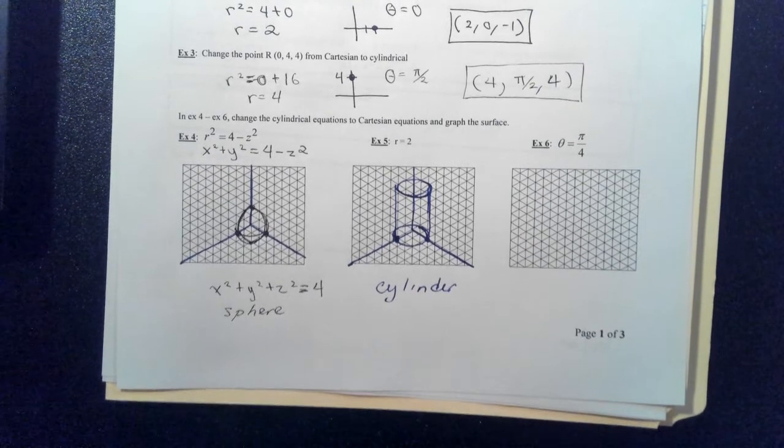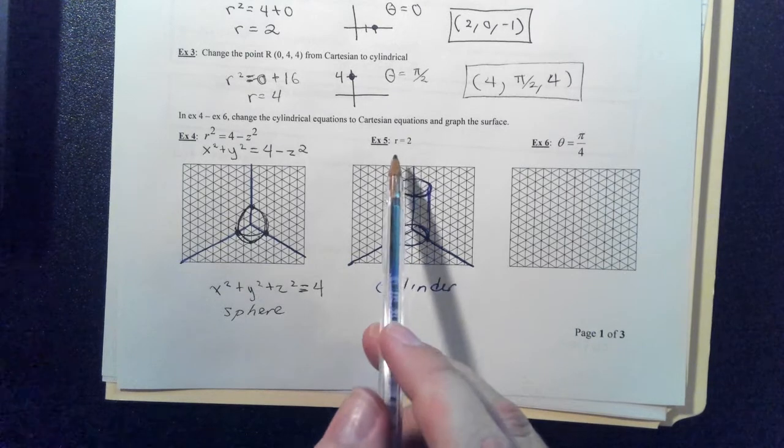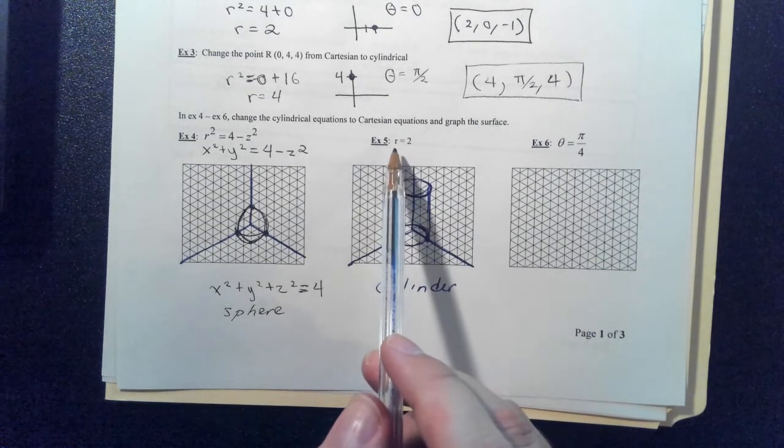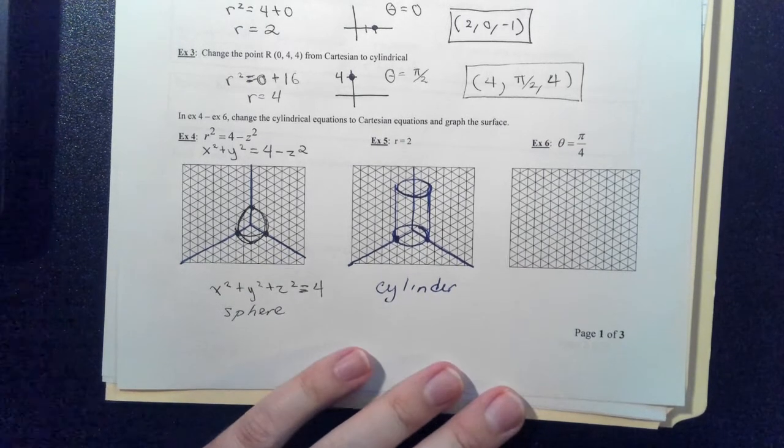Now, this is sort of why it's called cylindrical coordinates. If I take that first coordinate, r, and just say r equals some number, what I get is a cylinder, a circular cylinder.